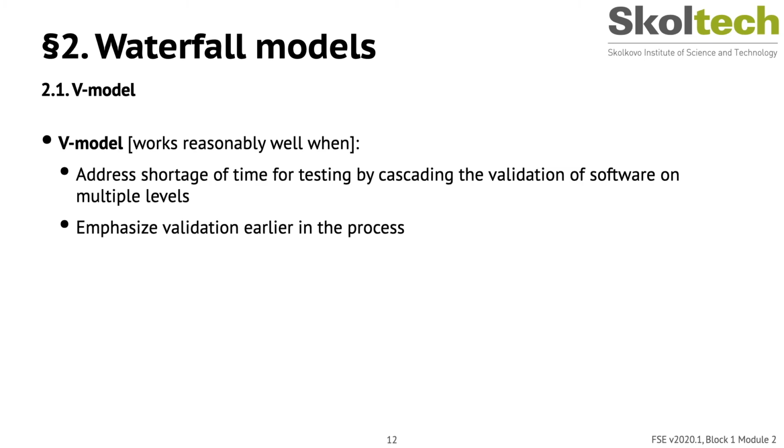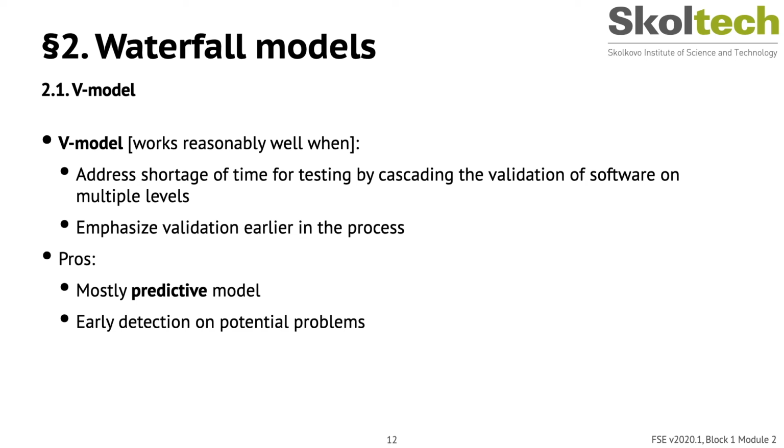So the goal of the V model is more or less to shorten the time for testing by basically cascading the validation of software on multiple levels. So you emphasize validation earlier in the process, by allowing for the steps on the upward facing side of the V to basically get back to the corresponding steps on the left side of the V. And of course, this is a very predictive model still.